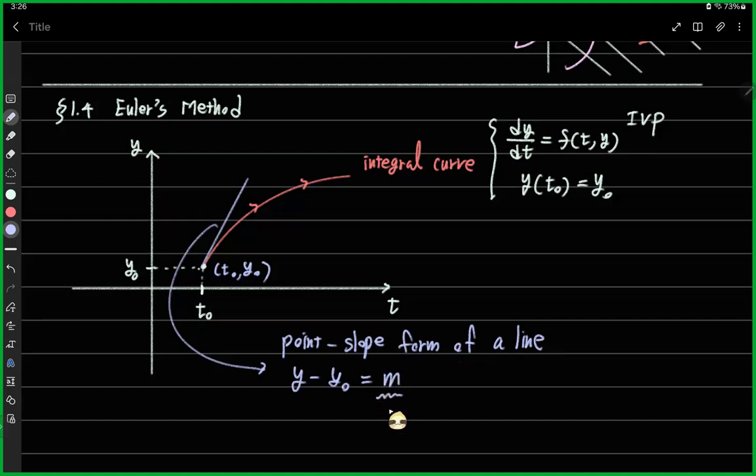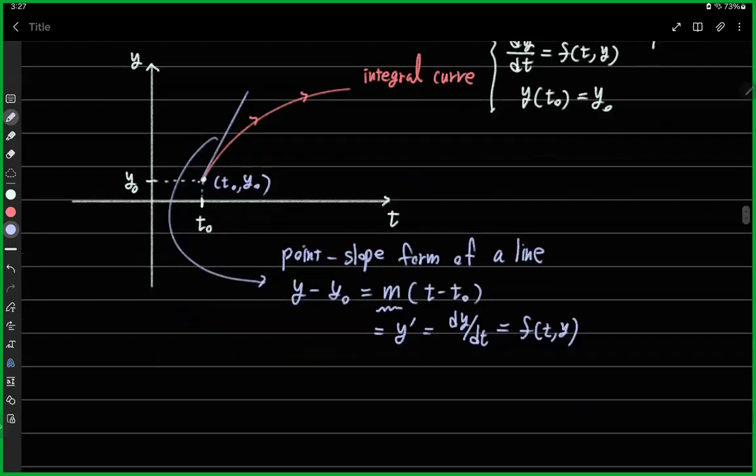So the slope m is y prime, which is dy/dt, equal to f of t comma y. So m times t minus t0. It means that y is equal to y0 plus f of t0 comma y0 times t minus t0.